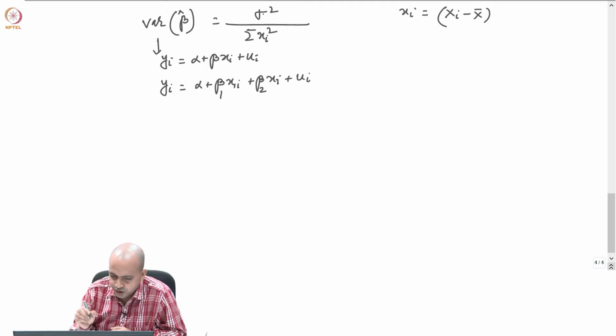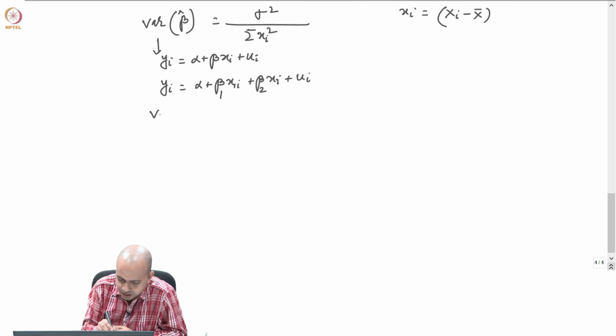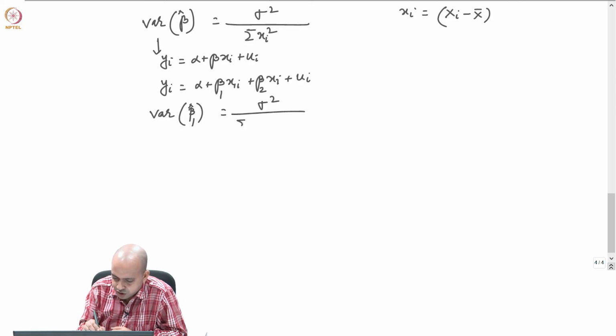Now variance of beta 1, in this case, would be sigma square divided by summation x1i square into 1 minus r square 1 2.